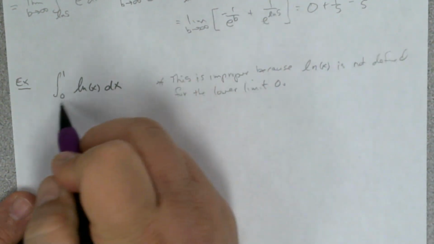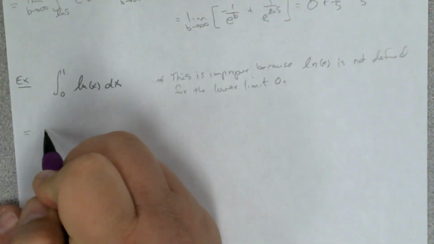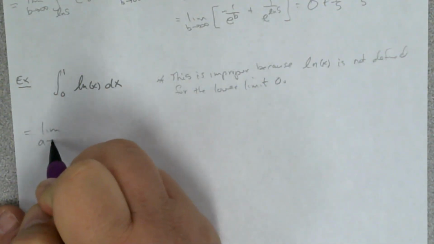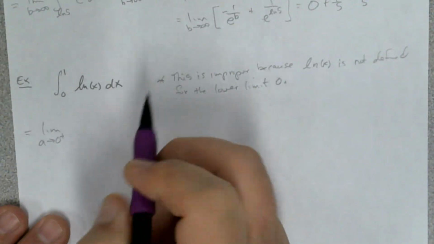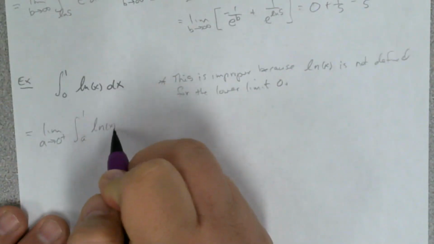The natural log of 0 is undefined. Okay, so we need to take this and we're going to do the limit as a approaches 0 from the plus side, and we get the natural log of x dx.